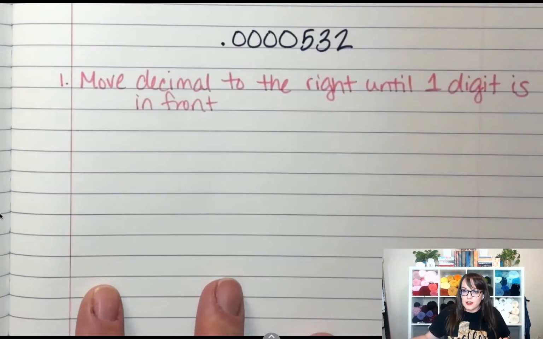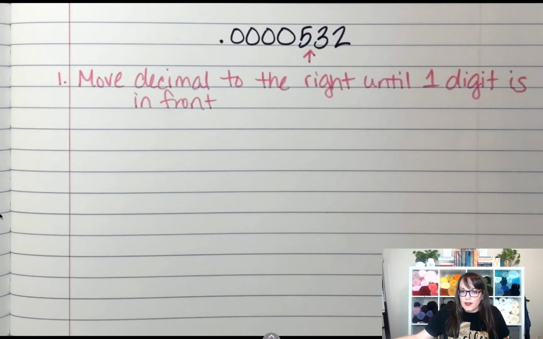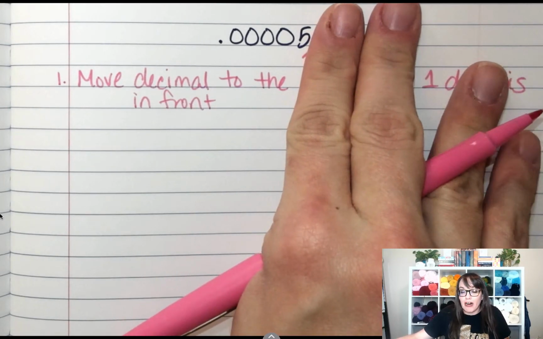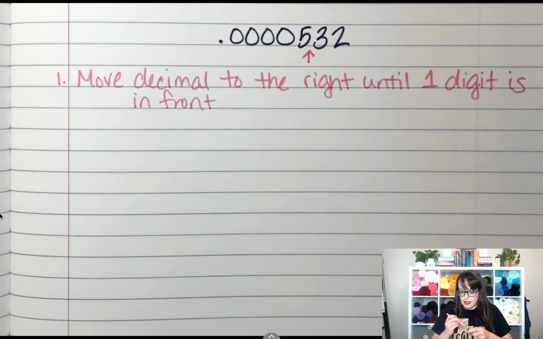For that, I'm shooting for this spot right there, because then it would just have a 5, and that's where I stop. I want one regular number, not zeros. I want one whole number, or natural number, I should say. I need one natural number to be on the left of the decimal point. So I'm moving my decimal to there.